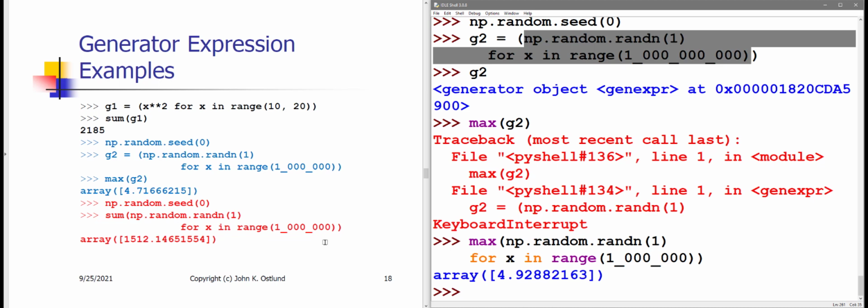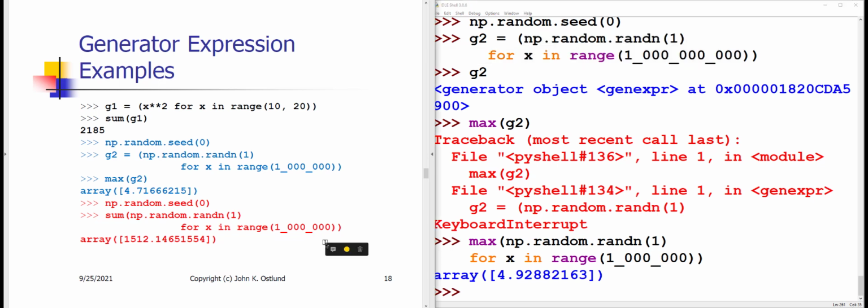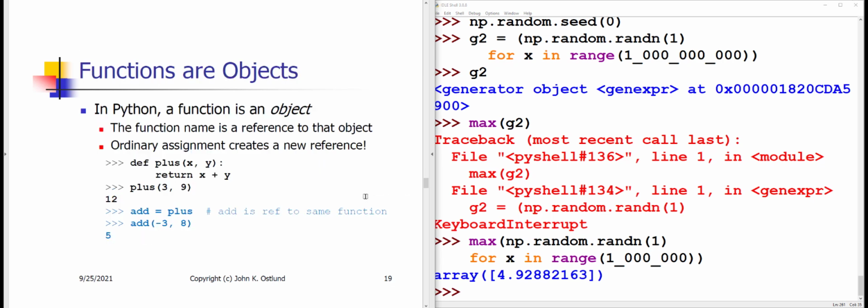I'm computing the sum of that same initial sequence of 1,000,000 standard normal random values. All right. Whoops. Hey. What's going on?